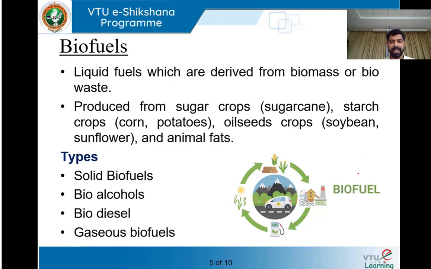Normally we can extract oil from seeds, plants, animals and fish, but there is a restriction on extracting oil from them, because some seeds, vegetables and animals are edible, which means they are consumed by human beings. So there is a restriction on extracting oil from the edible seeds or edible ingredients which are required for the human race.